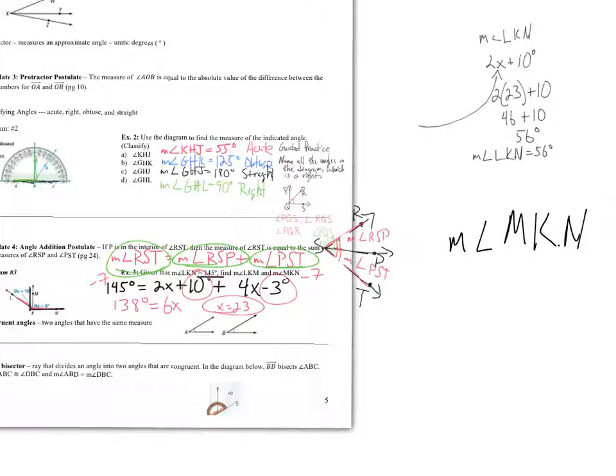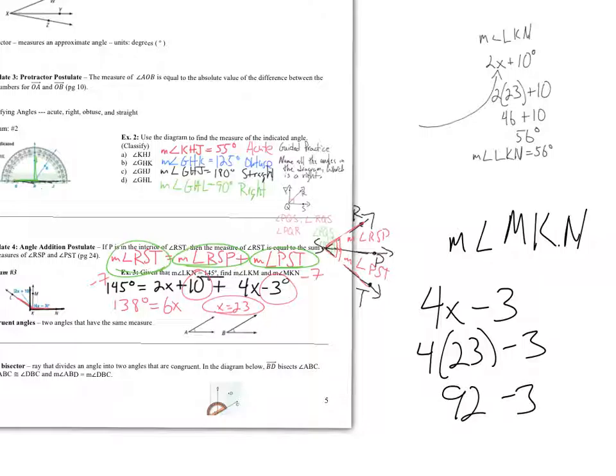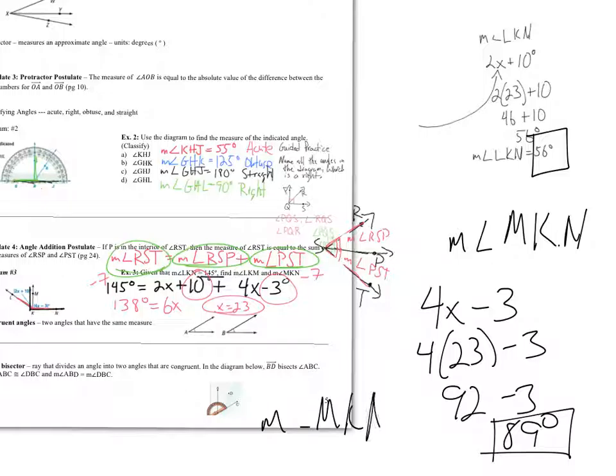Subbing in 23 for x, we get 4 times 23 minus 3. 4 times 23 is 92, minus 3 gives us 89 degrees. So 89 and 56. And if we write it in the same form, we'd have the measure of angle MKN equals 89 degrees.